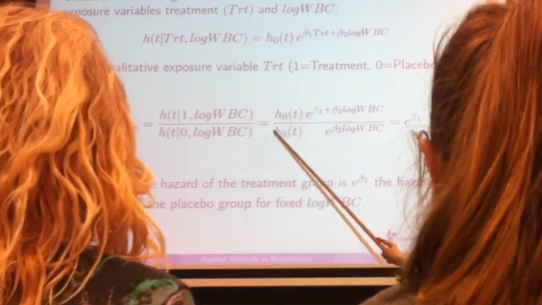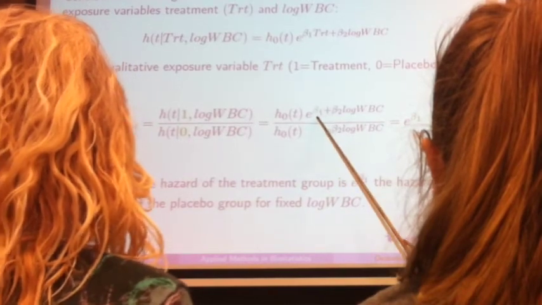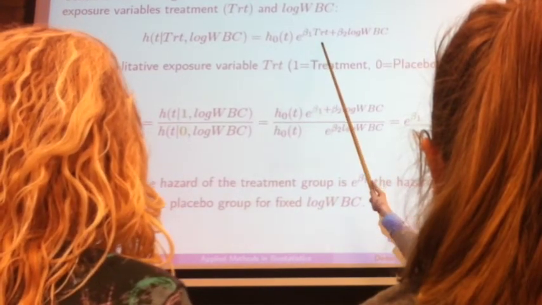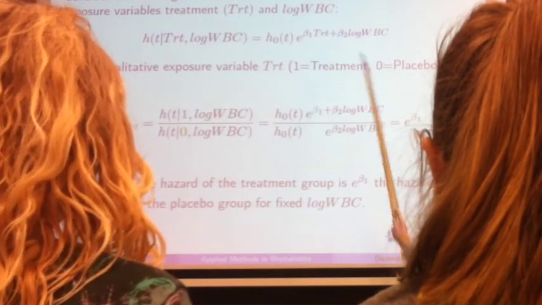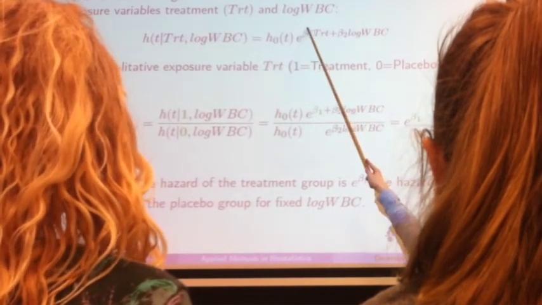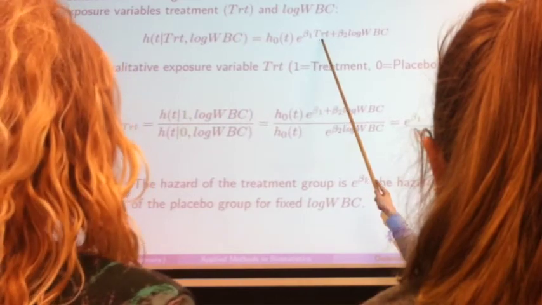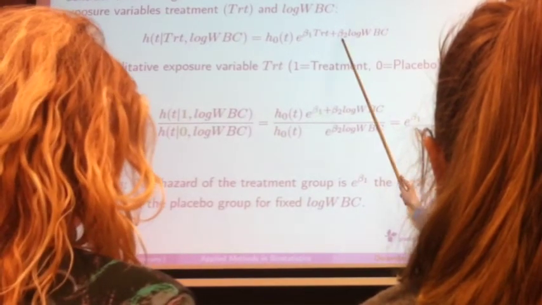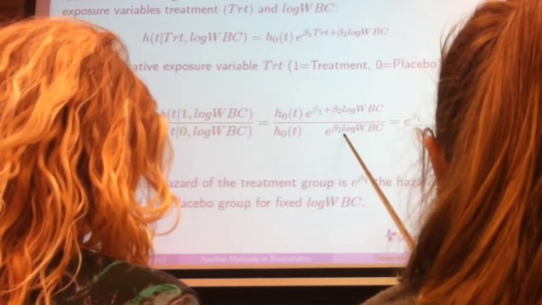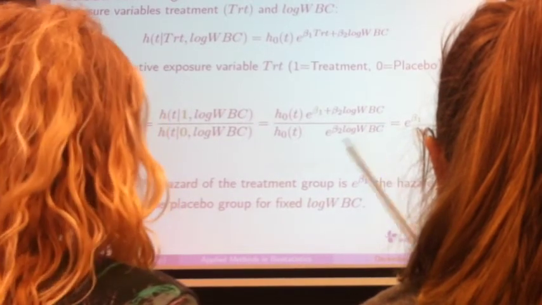So it's equal to the baseline hazard times e to the power of beta 1 times treatment, but treatment in this case is coded with 0, so this term drops out, and it remains beta 2 times the logarithm of white blood count cells.